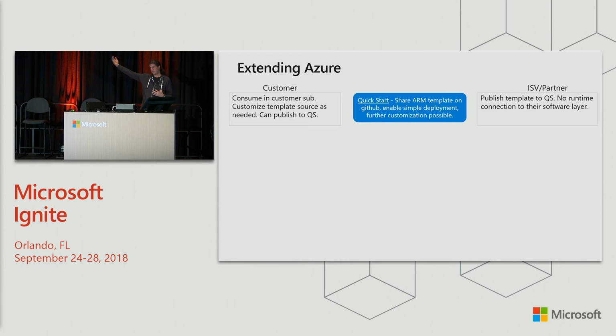Today partners can publish there, customers can publish there, customers consume these samples. Partners can consume them, but there's essentially no runtime connection, right? If you use the SharePoint template or the DataStax template, it's in your subscription and it's your problem to maintain and update and patch and everything, right? Man, that's IaaS. That's still a lot of work.